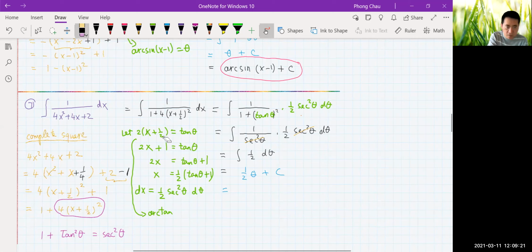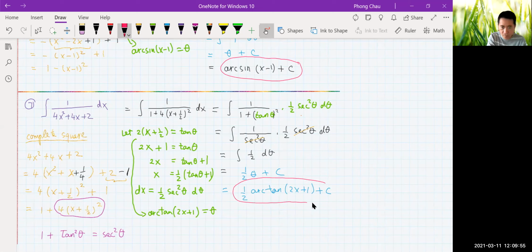If you multiply this out, then you have 2x plus 1. So arctan of 2x plus 1 is theta. So your answer will be 1/2 times the arctan of 2x plus 1, plus C. And that's finished.